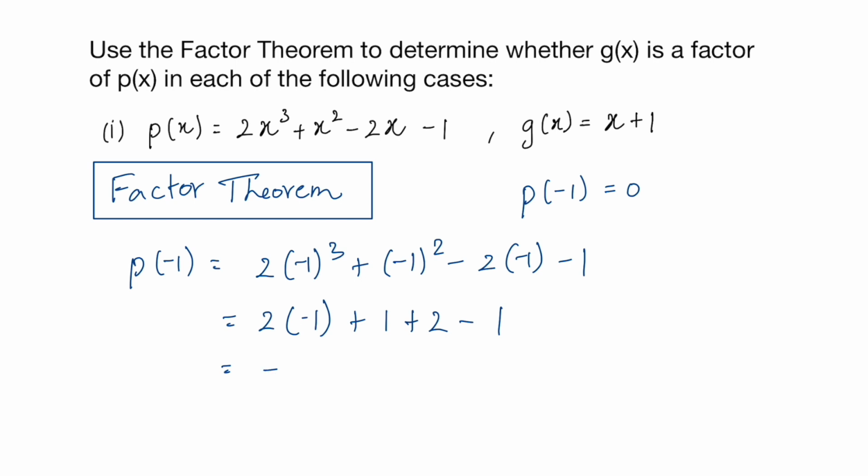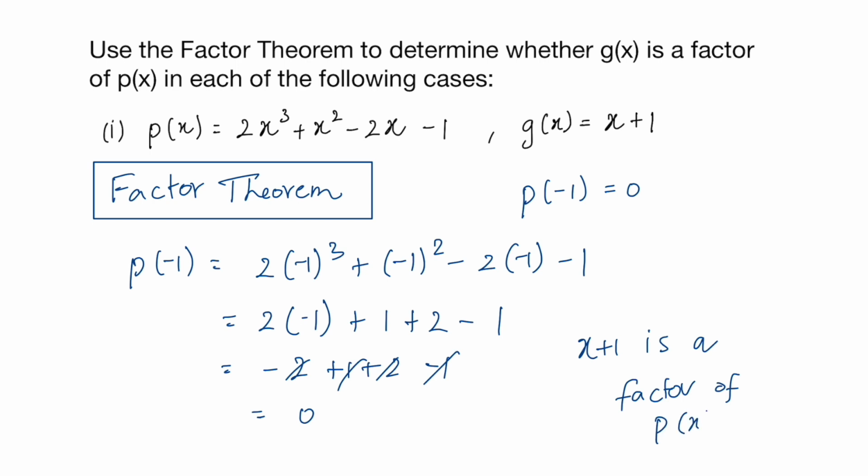So minus 2 plus 1 plus 2 minus 1 comes out to 0, right? So you can say x plus 1 is a factor of p of x, or g of x is a factor of p of x, anything is fine. So that is it for this subdivision. The same process is going to happen here as well.